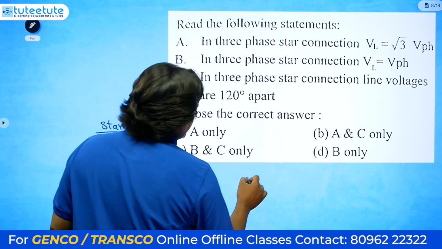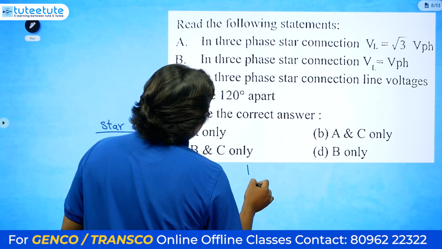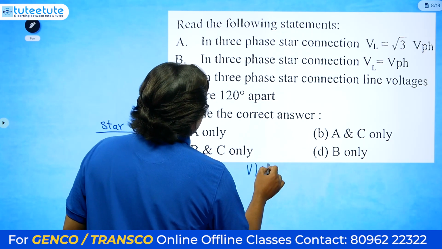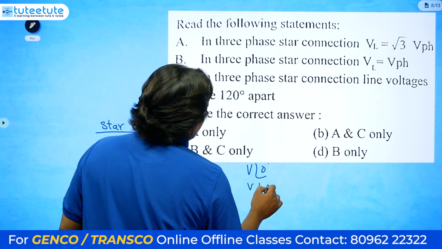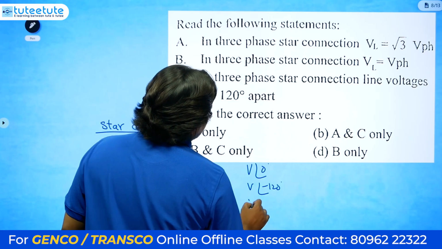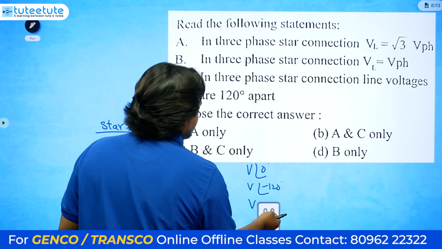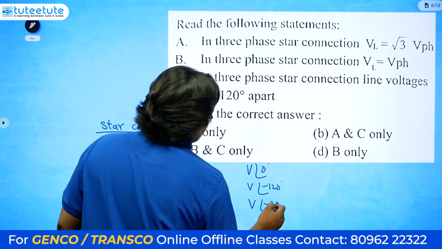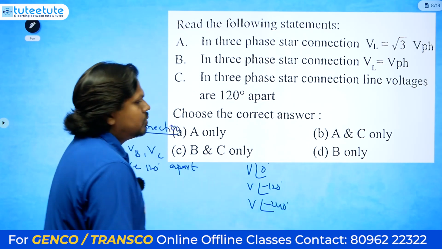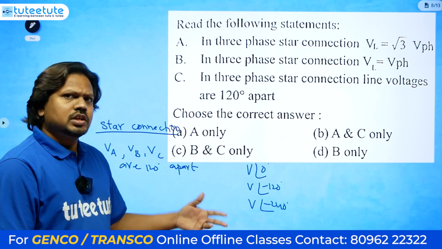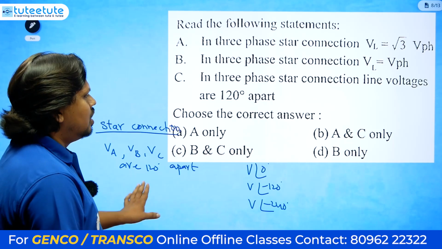That means the first voltage will be a certain value V at an angle of 0 degrees, the second one is V at an angle of minus 120 degrees, and the third one is V at an angle of plus 120, otherwise minus 240 degrees. These are the three voltages, whether phase voltages or line voltages, and they will be apart.